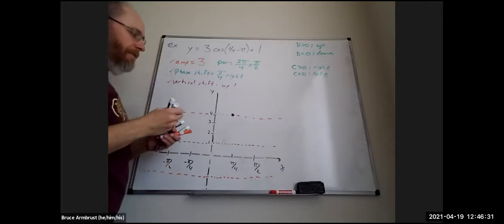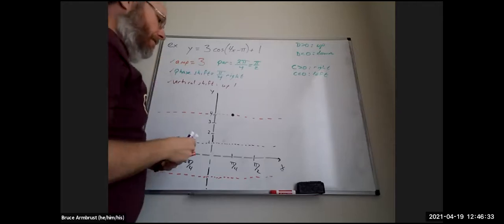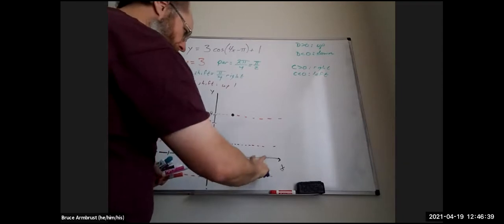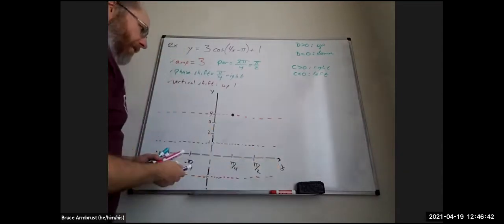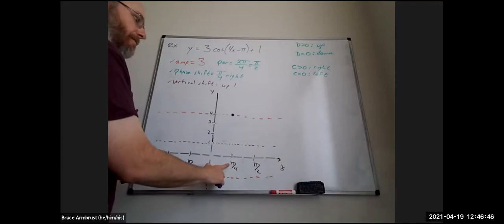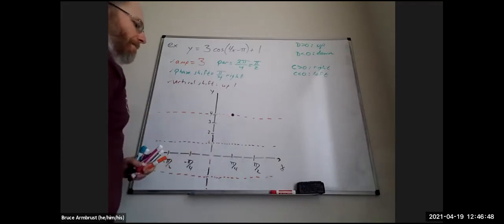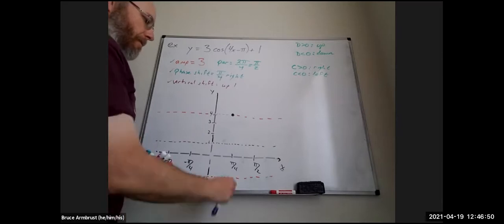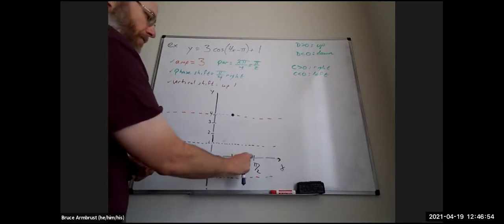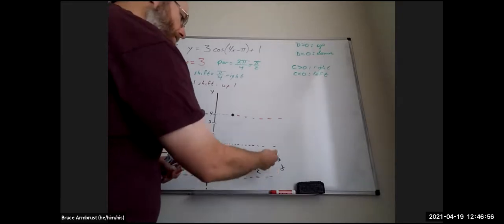So lastly, let's get to the period. So now the period is pi over 2. So that means that if I go pi over 2 to the right from here, I'm going to be back at a maximum. Well, pi over 2 on my graph is 4 tick marks. So I'll go 1, 2, 3, 4 tick marks.